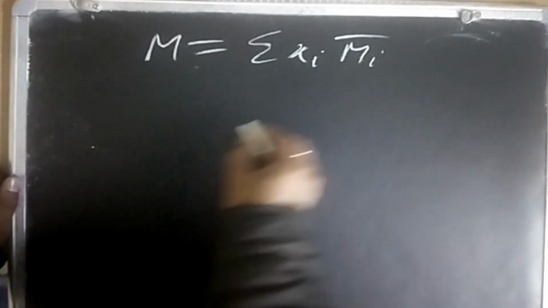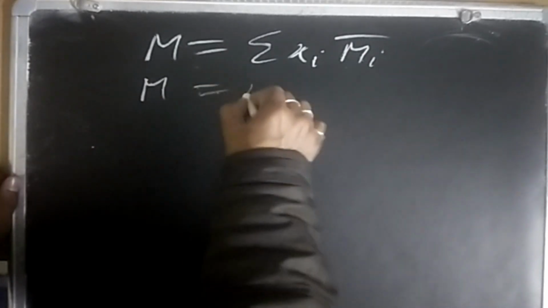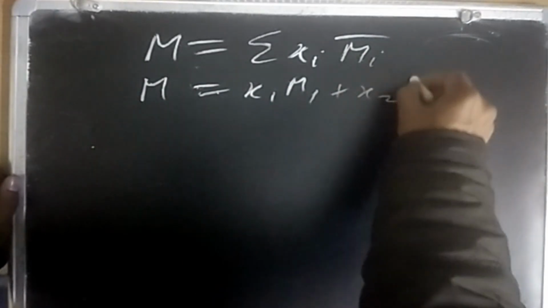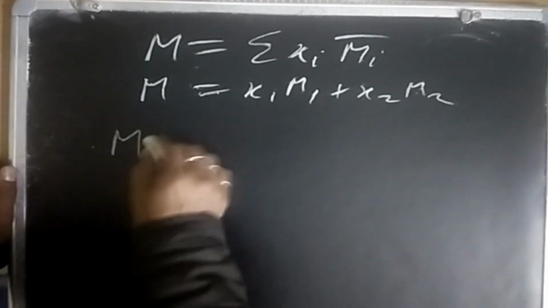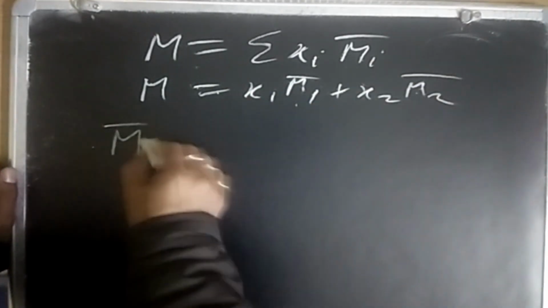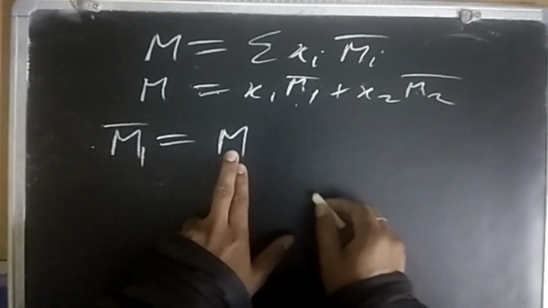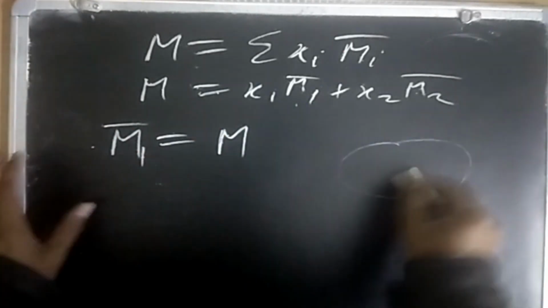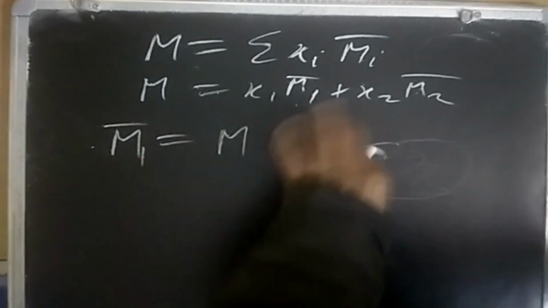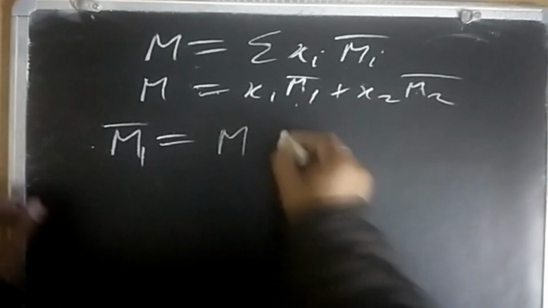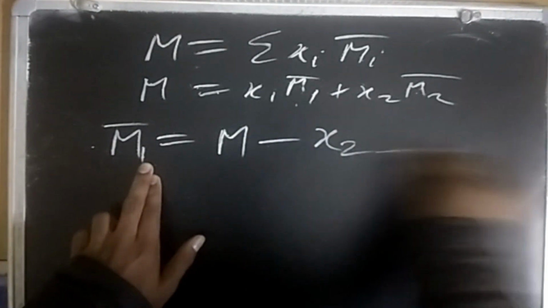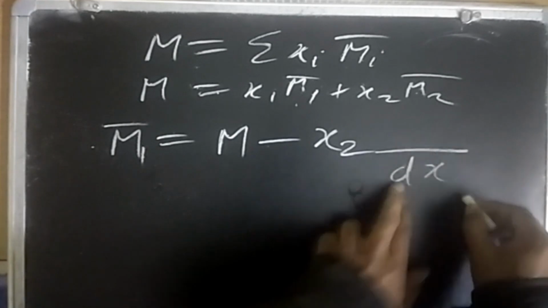One important thing is that I told you M is the summation of xi Mi bar. This actually means x1 M1 plus x2 M2. From here we can get M1 bar, the molar property, not the total, of the whole real mixture or solution, minus x2 dM by dx2.